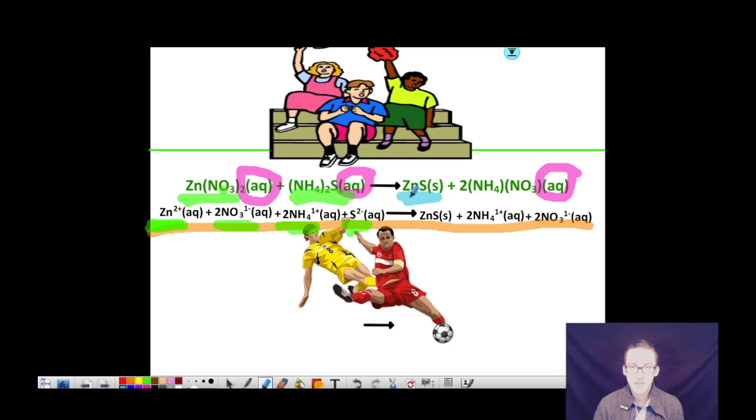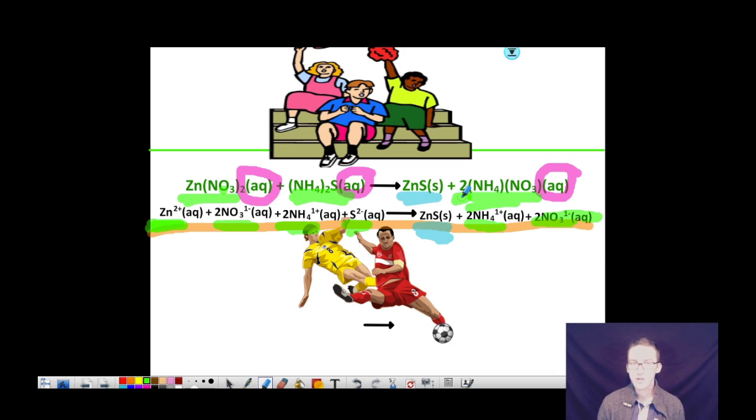Check how I've kept the zinc sulfide together because it is a solid, and so I don't separate it into its ions. And then finally, with the ammonium nitrate, I put two ammonium ions and two nitrate ions, even though the ratio in the formula is 1:1. I do this because in the balanced chemical equation, the coefficient in front of that compound is 2.